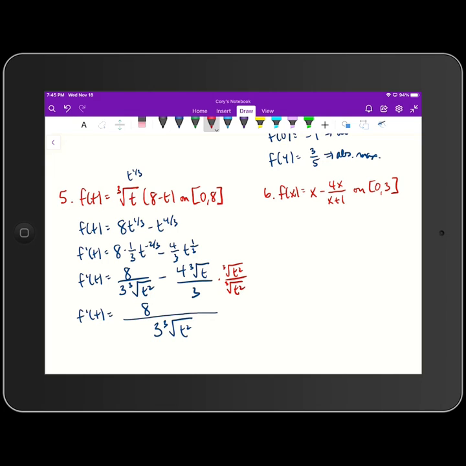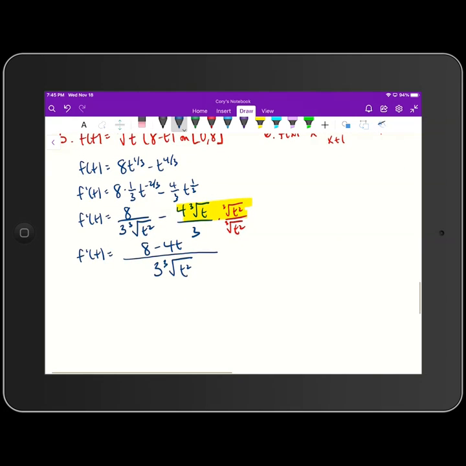When I do that, up on top, multiplying these two things gives me 4 times the cube root of t cubed, and the cube root of t cubed is t. So that becomes 8 minus 4t. I'm almost done simplifying this. All I have to do now is factor a 4 out of the numerator. When I do so, that gives me 2 minus t over 3 times the cube root of t squared.